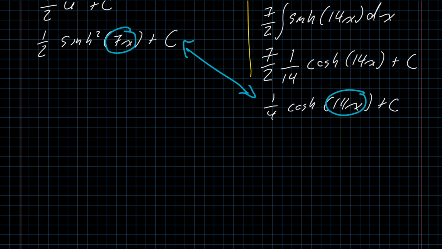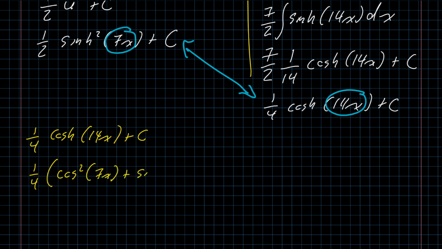Right, so this second one, 1/4 cosh of 14x plus c is 1/4 times the double angle formula for cosh, which is cosh squared, in this case, of 7x plus sinh squared of 7x.